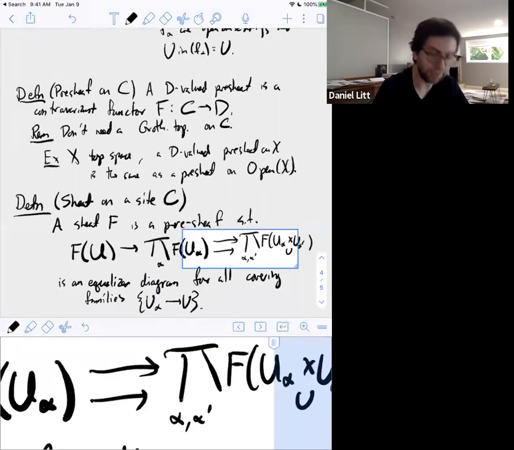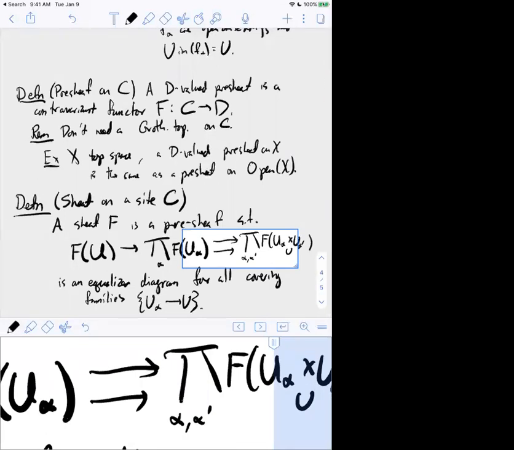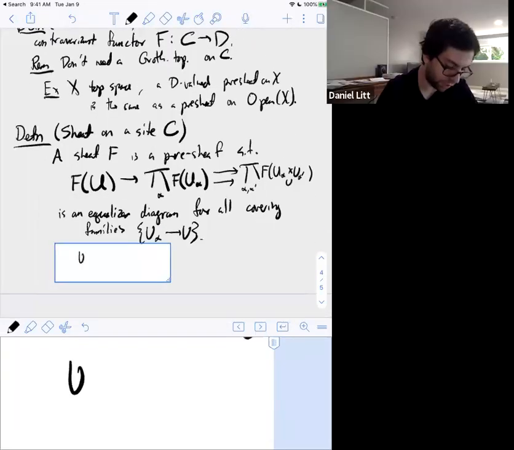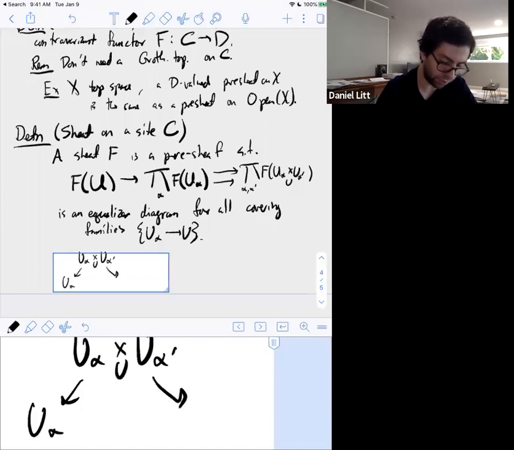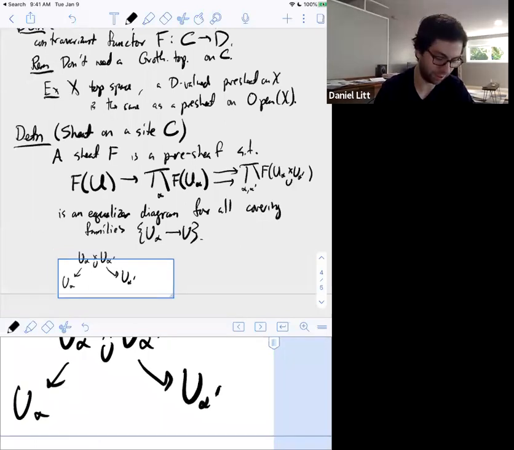Okay, so let's figure out what this means. First of all, what are these two arrows here? Can anyone tell me? First and second projections? Yeah, that's right. So U alpha times U alpha prime maps to U alpha and U alpha prime, just by the fact that it lives in this diagram.